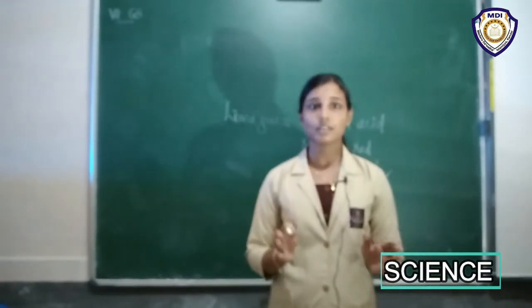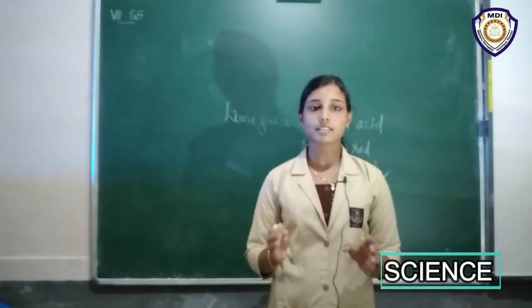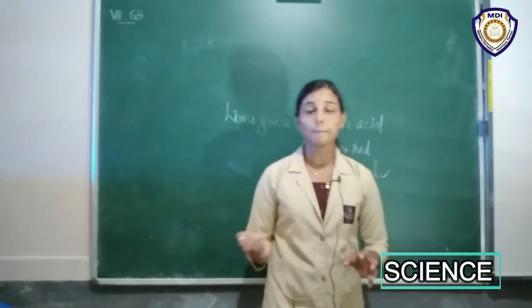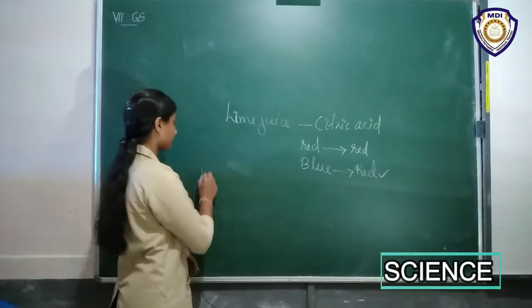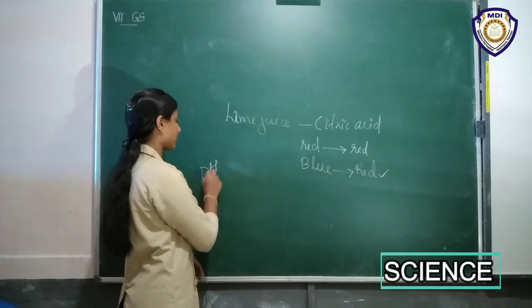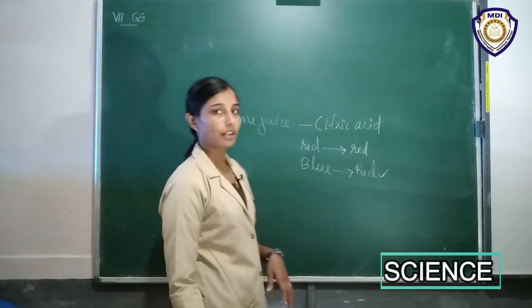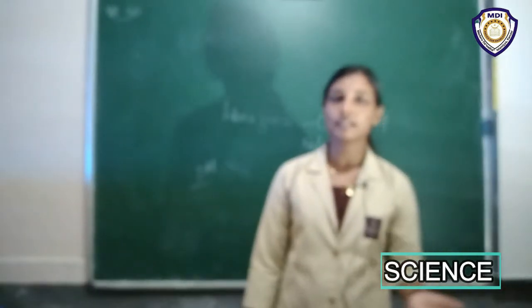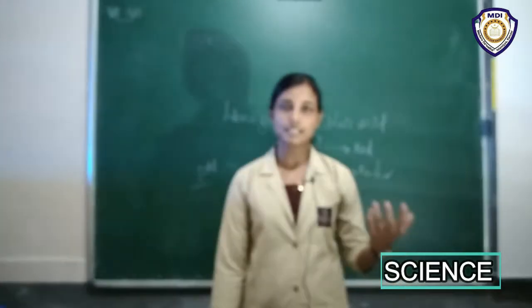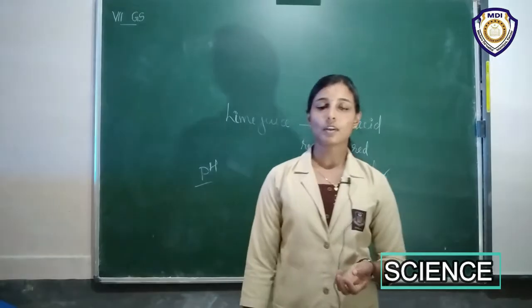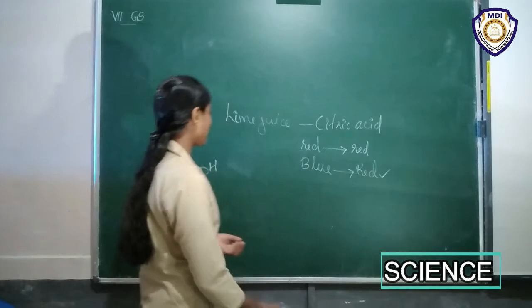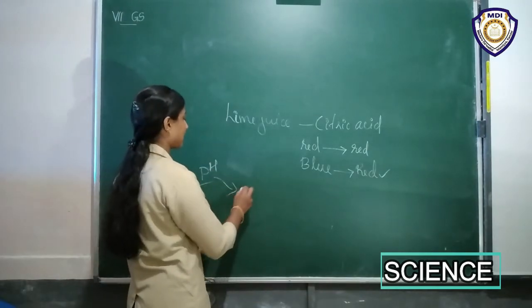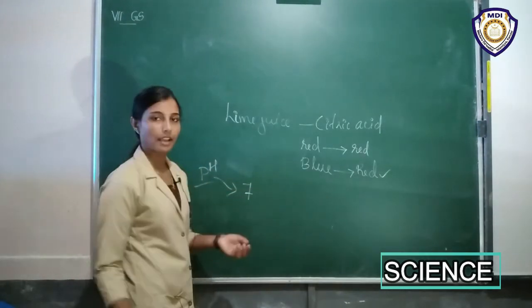There is a range: acidity or basicity is denoted by pH values, right? You may be familiar with this pH. So pH values indicate whether the solution is acidic or basic. For a neutral solution, the pH is 7, right?